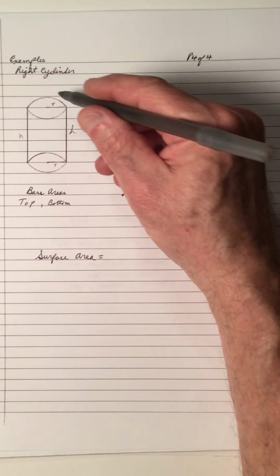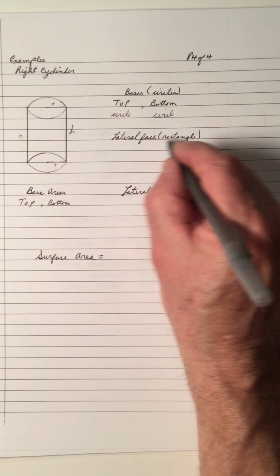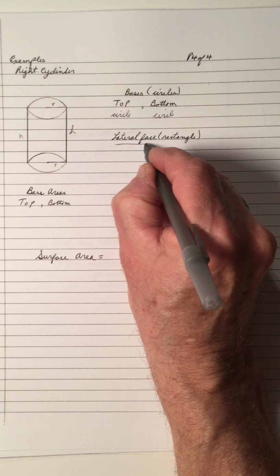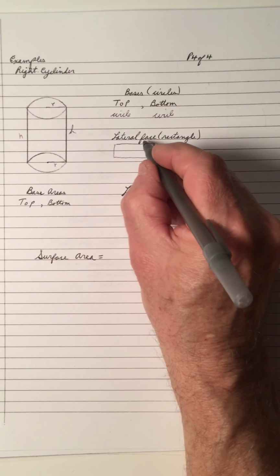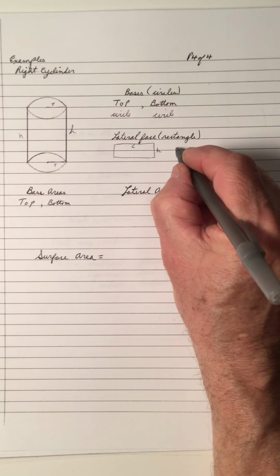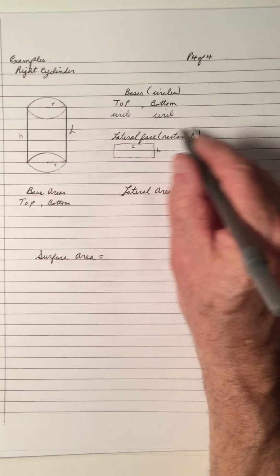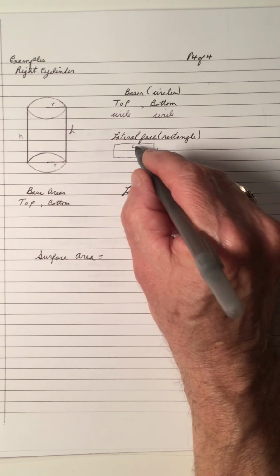So remember, I cut it down, and when I cut it, it came into a rectangle, like that. And that was the circumference, and that was the height. So the area of this rectangle, as you can see, is the length times width.